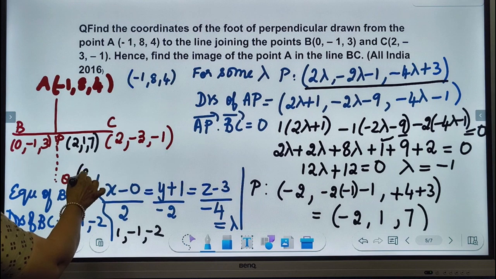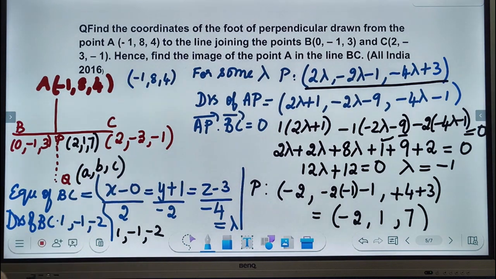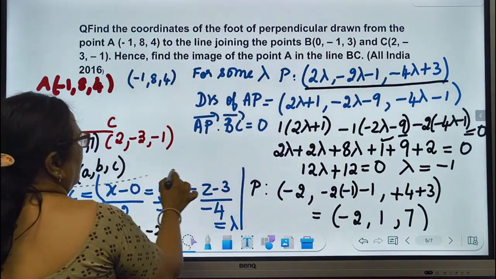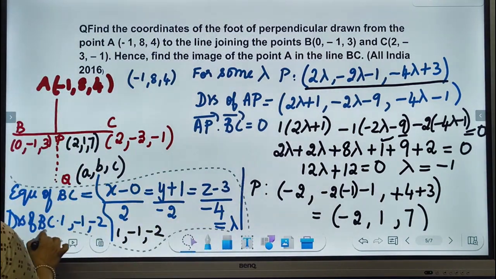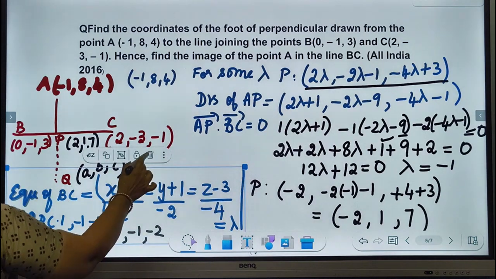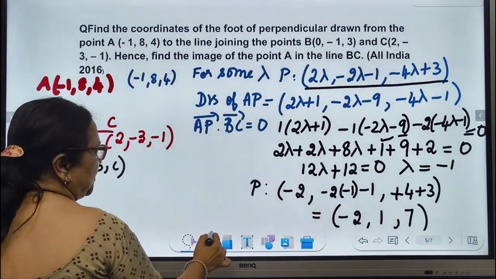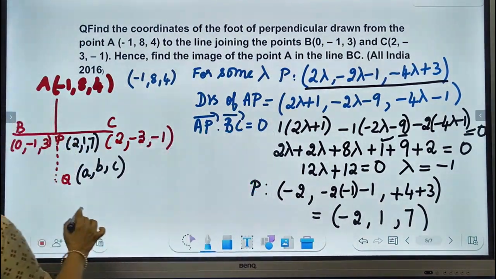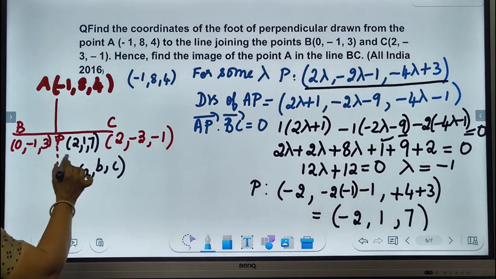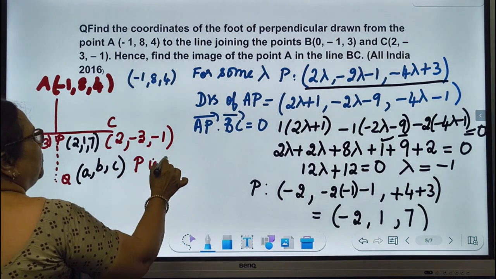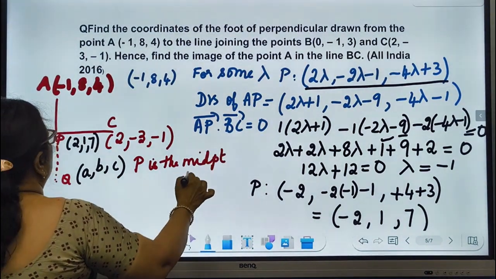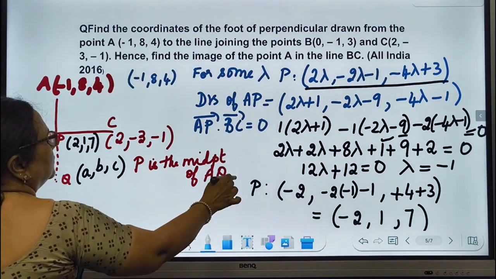What is Q? Let Q be (a, b, c). I am removing this for want of space. Now, P is the midpoint of AQ.